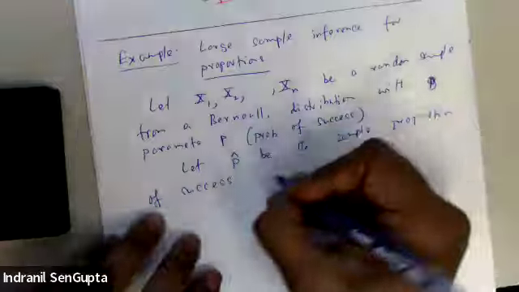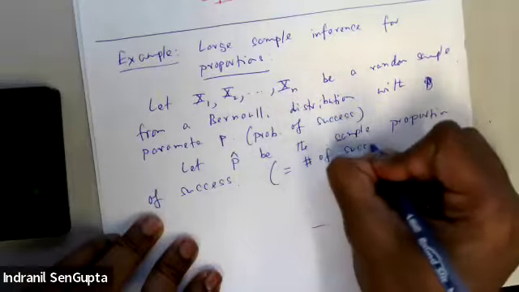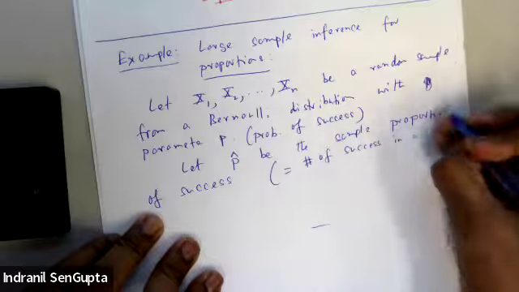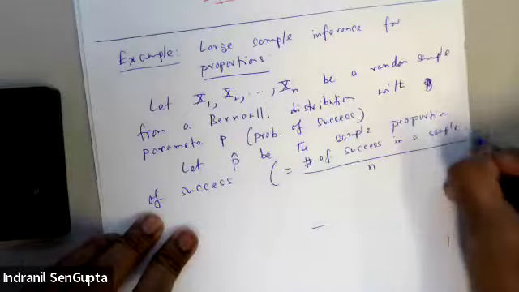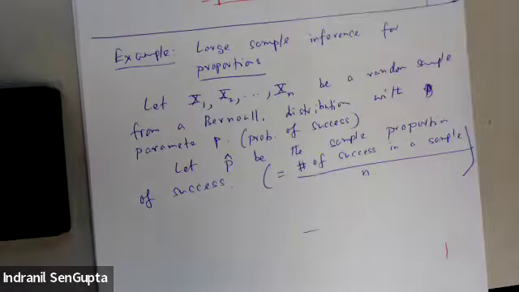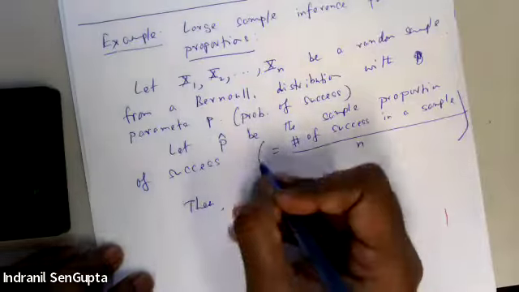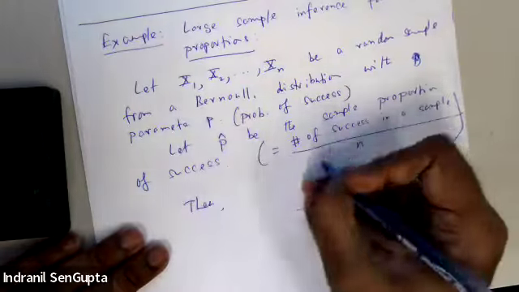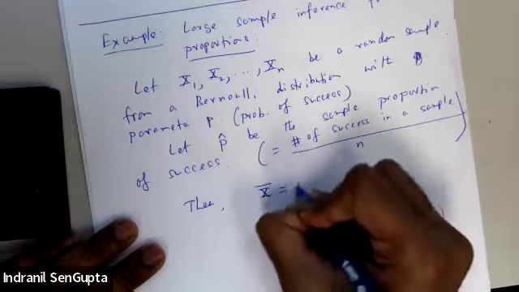So p hat is basically the number of successes in a sample over the total number of points in the sample, which is n. As simple as that. Okay. We have seen before that then x bar can be written as p hat.